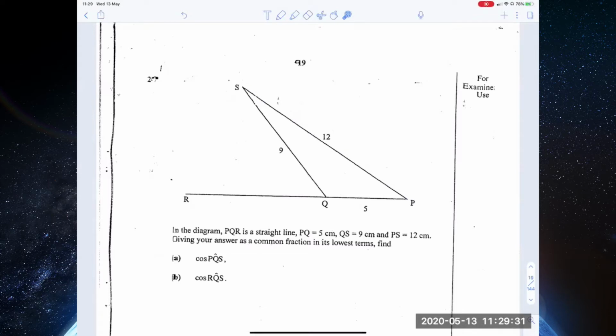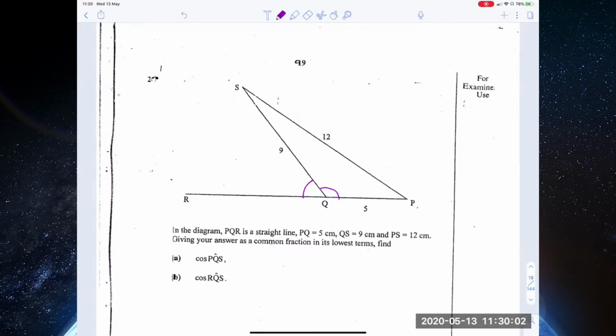And then they say, give your answer as a common fraction in its lowest terms, find cos of PQS. So cos of PQS basically means that angle there, isn't it? And then after that, they say find cos of RQS. So RQS is that one there.